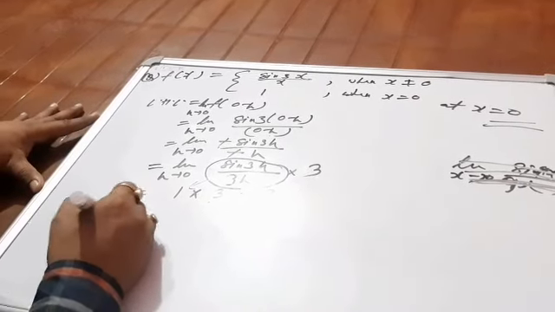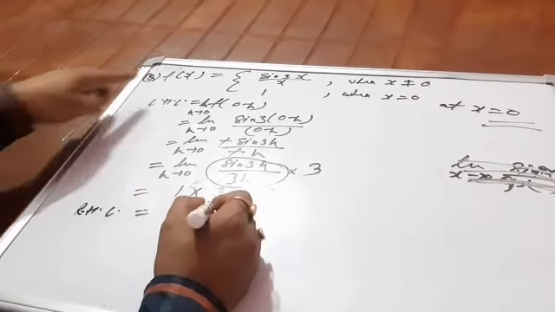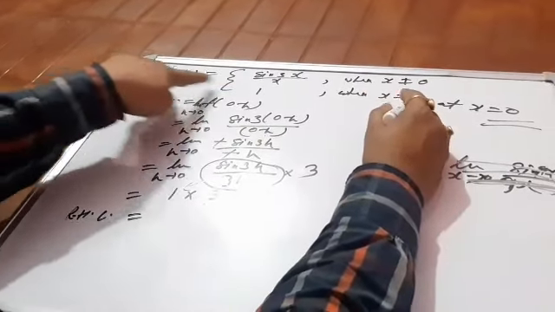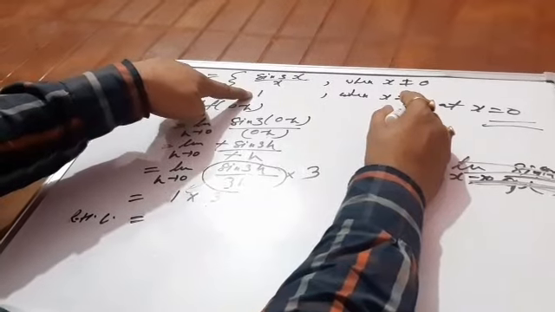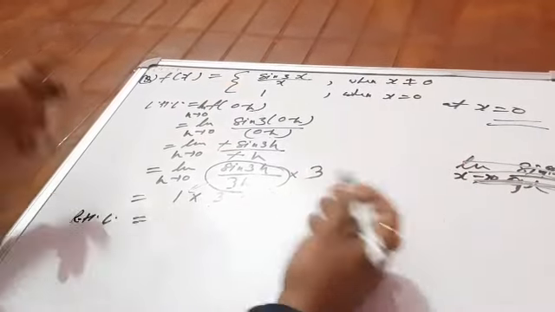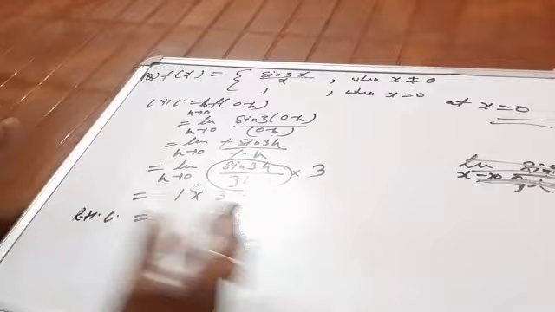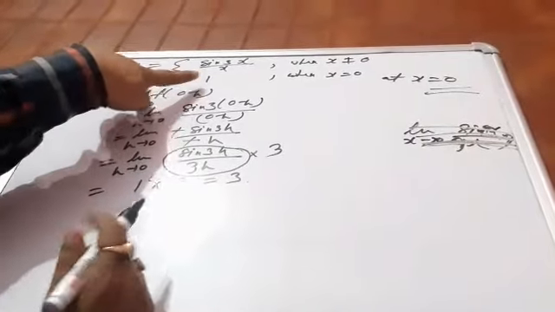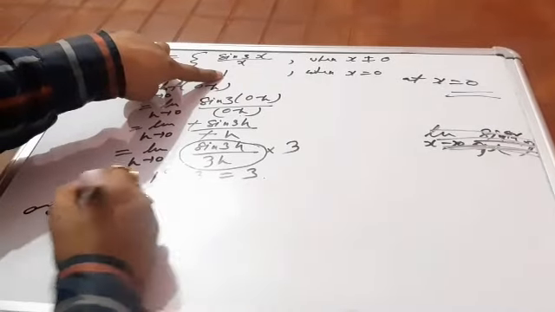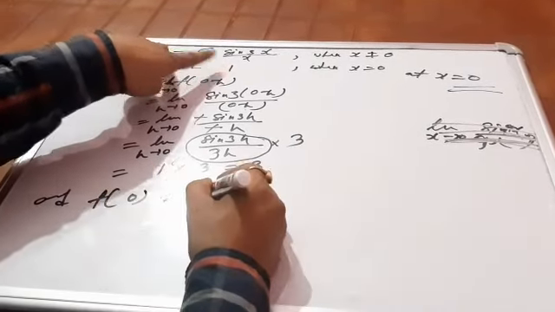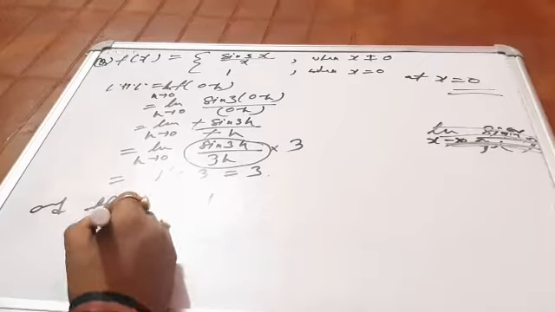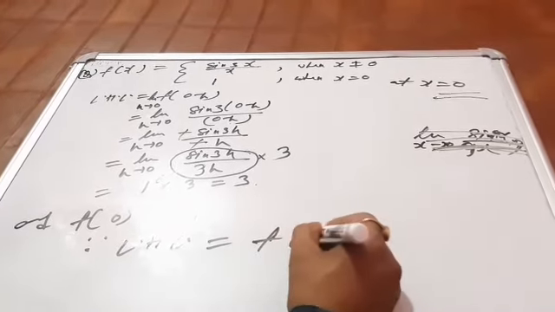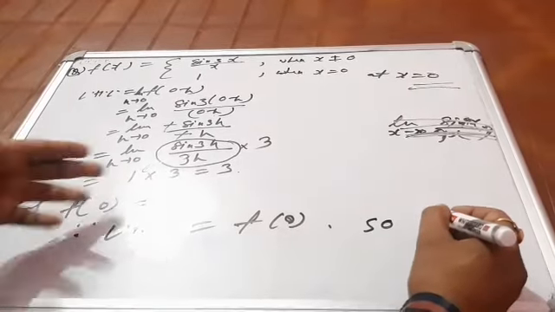Next, RHL: if you want to find RHL, find it, otherwise here you can very easily see that f(0) equals 1. The value of the function is 1 and the limit is 3, so it is discontinuous, no need to find out the RHL. Since LHL is not equal to the value of the function f(0), no need to find RHL.